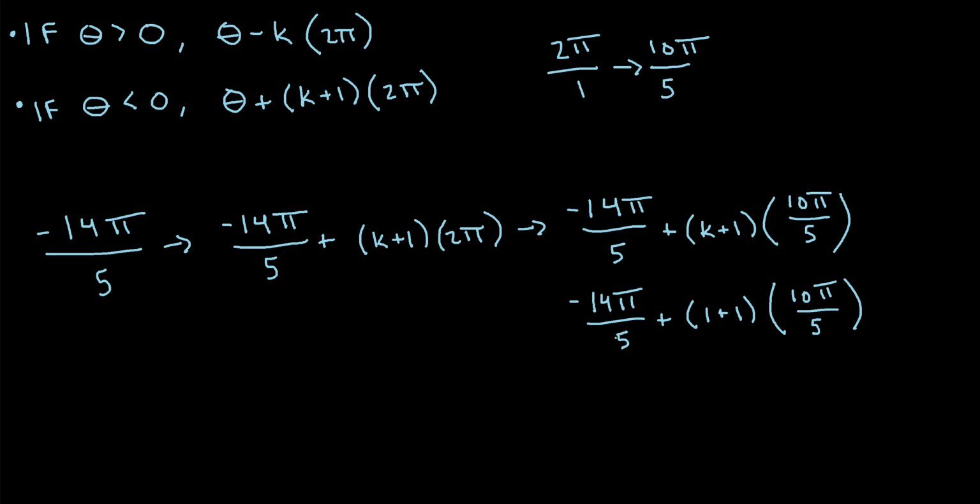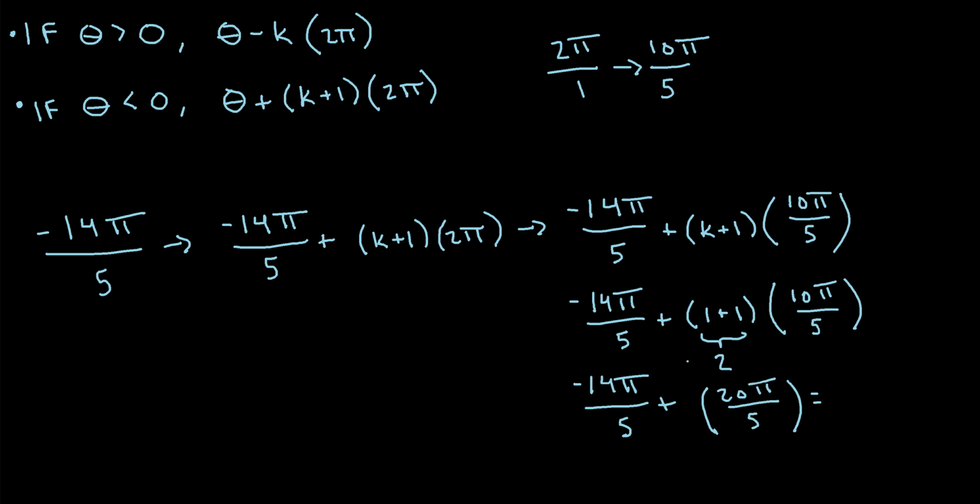Okay, so now we just need to solve this. So we get negative 14 pi over 5 plus, this is equal to 2. 1 plus 1 is 2. So if we distribute this 2 into these parentheses, 2 times 10 pi, that would be 20 pi. So we get 20 pi over 5.